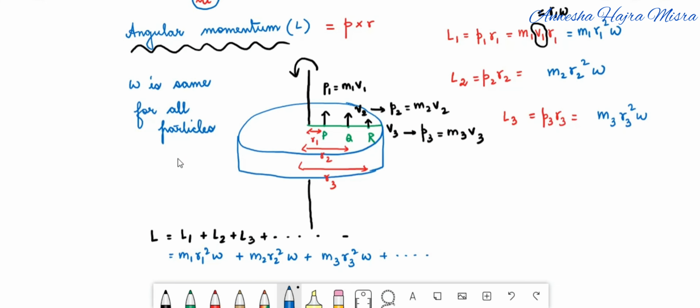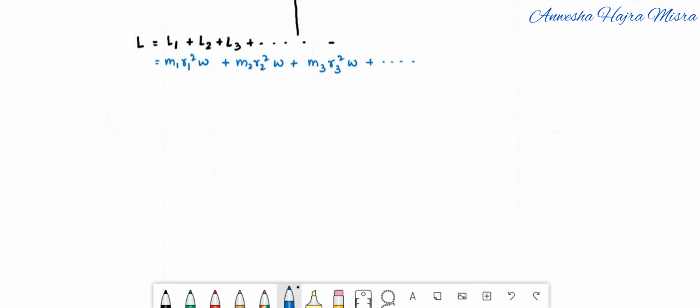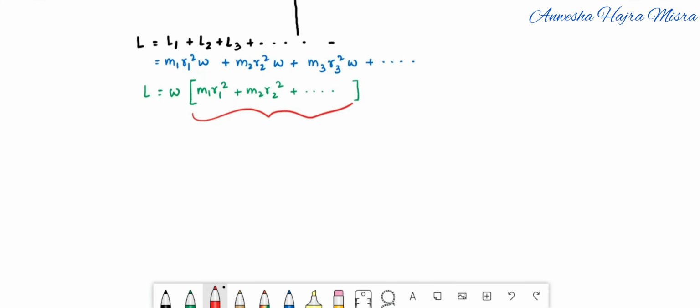Now if I take omega common, we have m1 r1 square plus m2 r2 square plus and so on. Again that very important term is coming. This is I. I is very important, it is called moment of inertia.